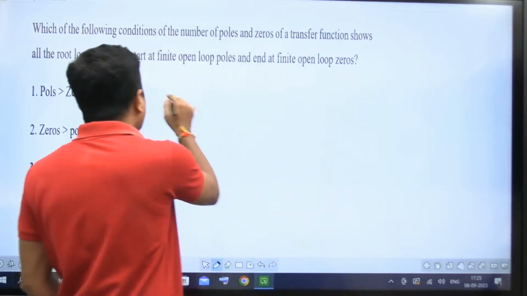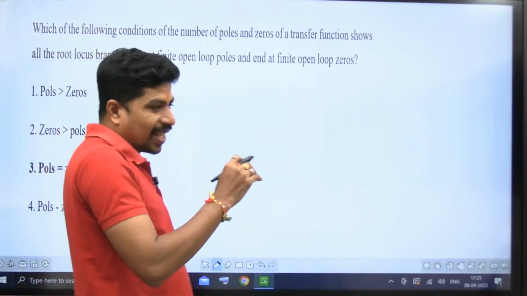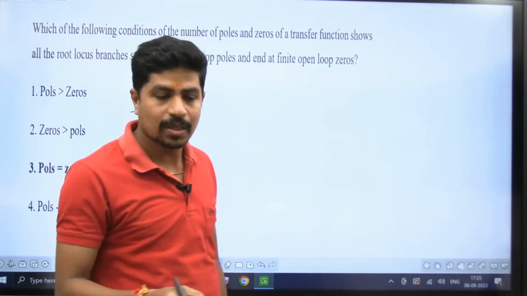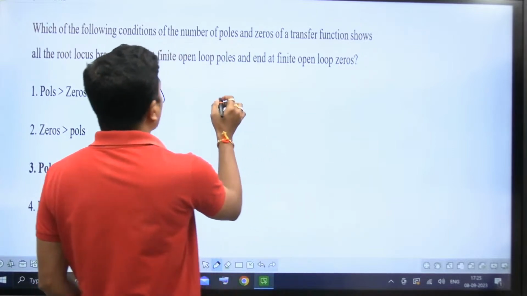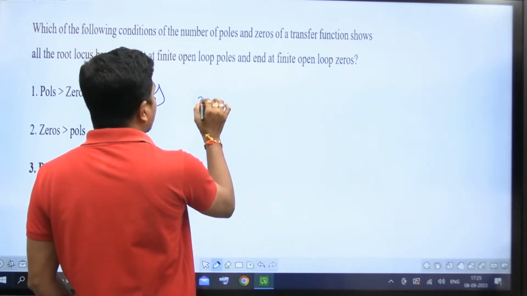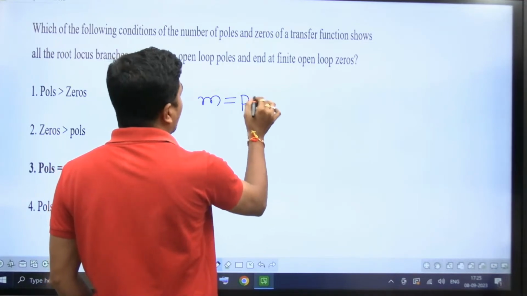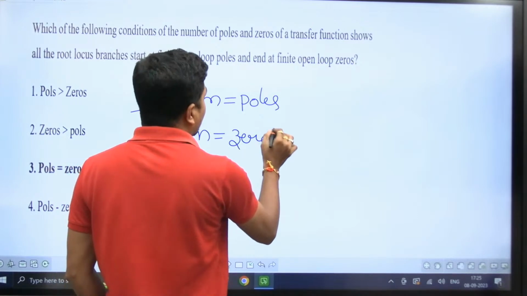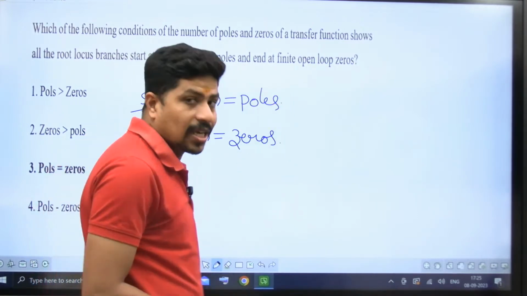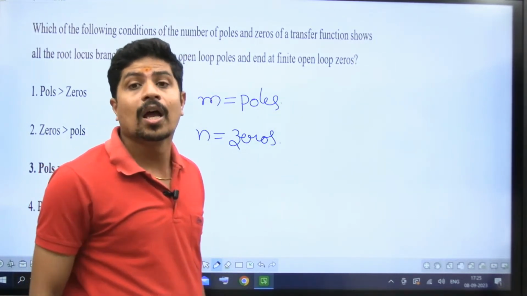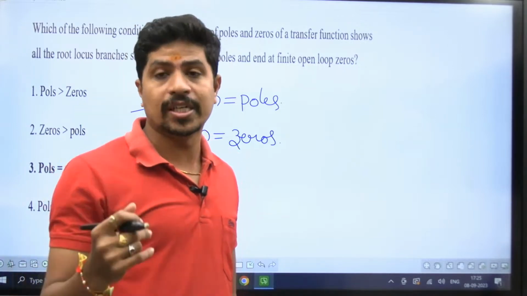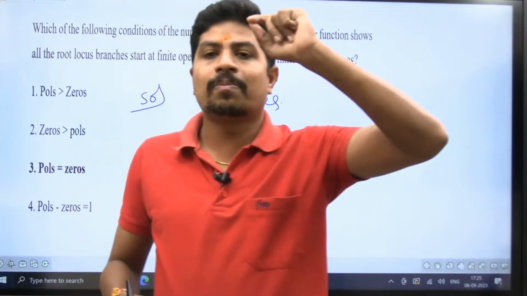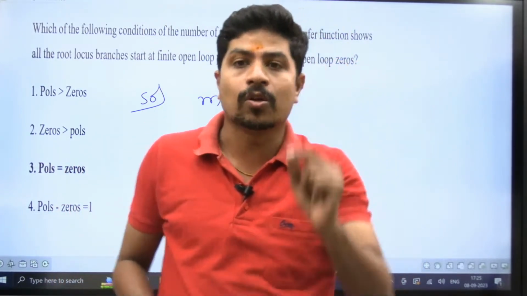Very simple question, but the statement given is somewhat clumsy. We can understand it simply. My system has m open loop poles and n finite open loop zeros. The number of branches of root locus approaching infinity is equal to m minus n. We know that a root locus branch will start at a pole and end at an open loop zero.